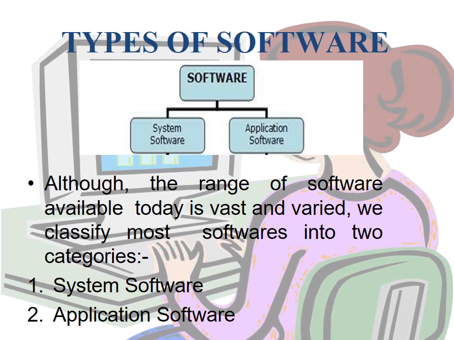Now, mainly two types of computer software. They are system software and application software. Although the range of softwares available today is vast and varied, we classify most softwares into two categories: system software and application software.